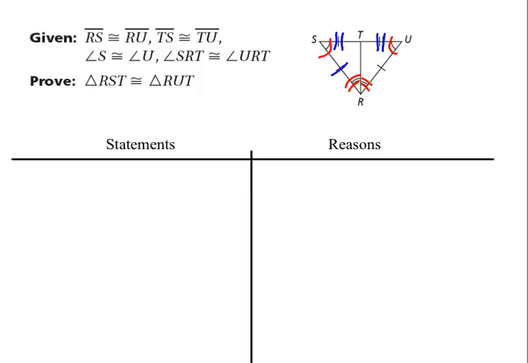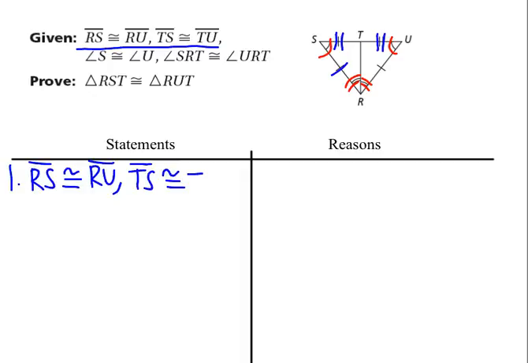All right, so I think we should start with our sides first. So number 1, let's just go with this given statement here. RS is congruent to RU, and TS is congruent to TU. That's just given. Number 2, okay, let's find our third side of our triangle here.